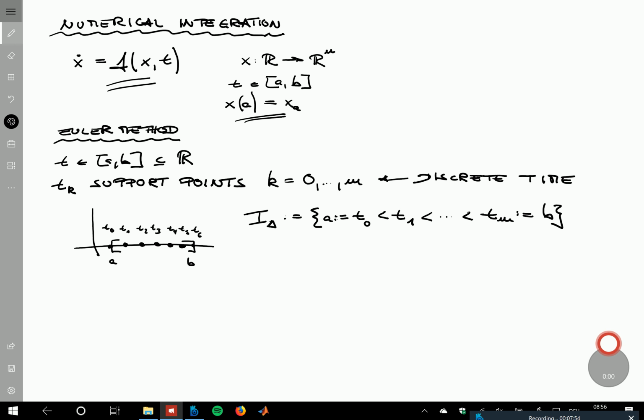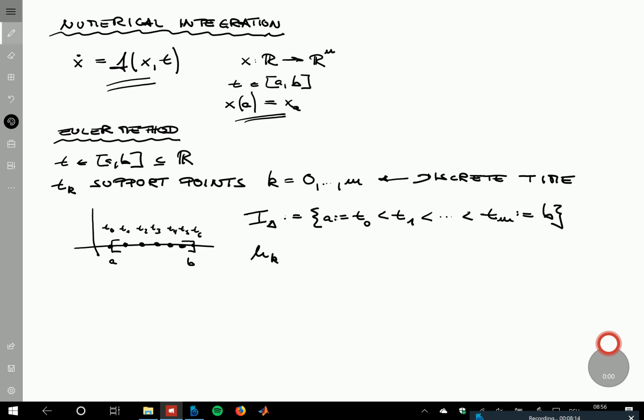And one can use these methods not only in the case that these discrete time points are equidistant, so that they have the same distance for all time points, but we will actually also leave it at that in this case.